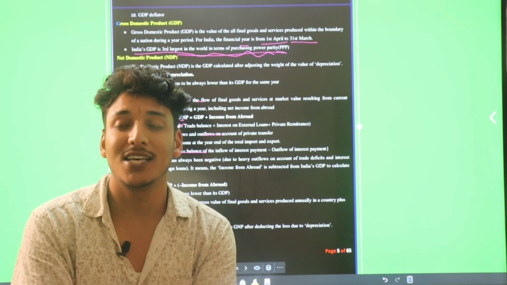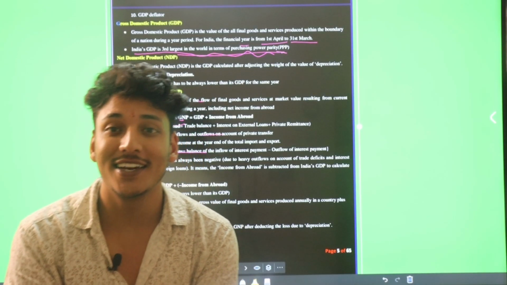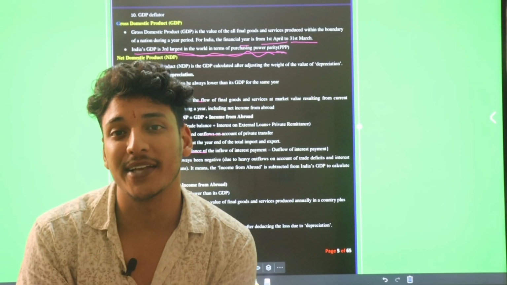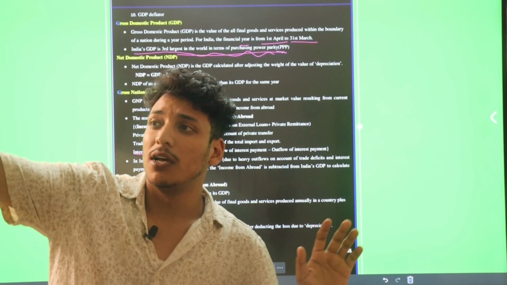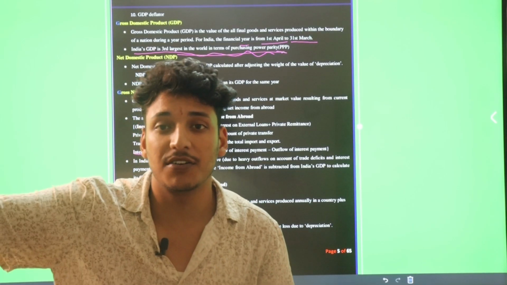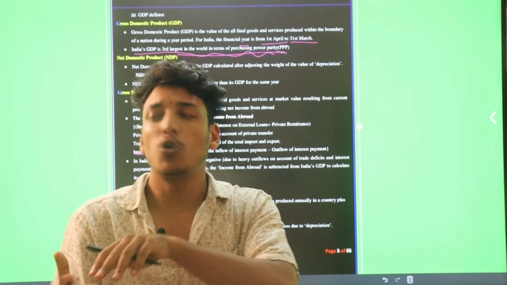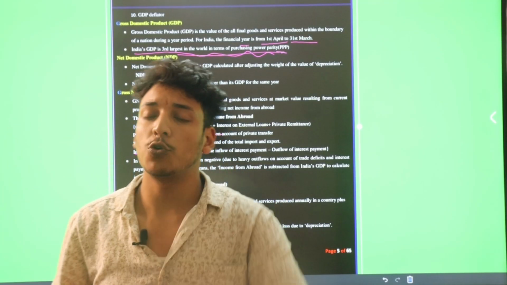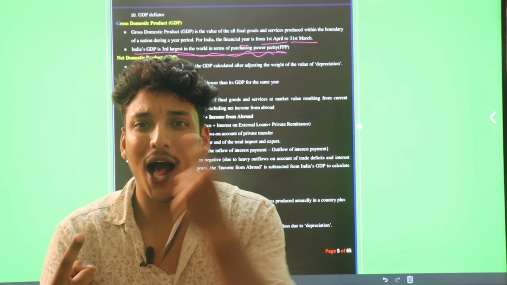Purchasing power parity means if a burger costs $2 in America, and that same burger costs 100 rupees in India, then the purchasing power basically means what money we need to purchase the same thing in this country and in the other country. Like, if we are buying something for 100 rupees here, how much would it be in America, and how many rupees would that be equal to for them. That is basically called purchasing power. Like if a burger is $2 there and the same burger is 100 rupees here, then $1 is equal to our 50 rupees basically.